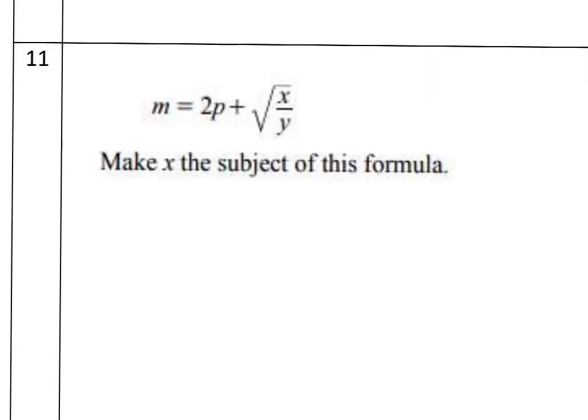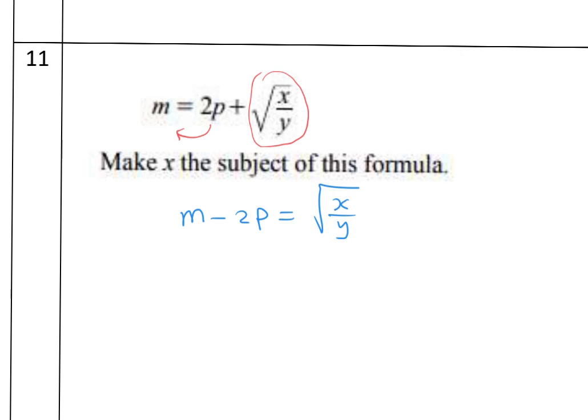Harun? Number 11. M equals 2b plus square root of x over y. Make x the subject. The term which contains x, keep that term. So how to remove 2b? We move 2b to the other side by negative. So m minus 2b equals square root of x over y.